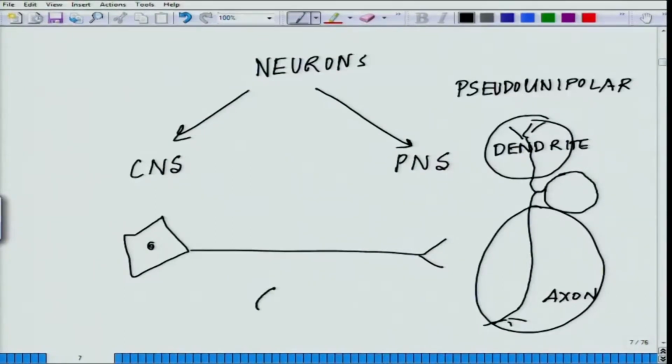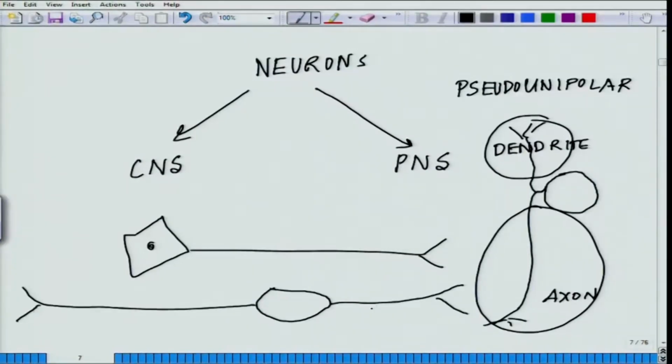Bipolar means here is the cell body and here you have one process in one direction and the other process in another direction. One is considered the dendrite, the other the axon, instead of having multiple processes coming out.